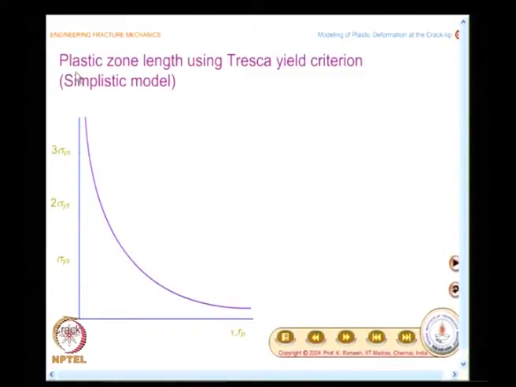and we will first look at how to get the plastic zone length along the crack axis. If you look at when the crack is sharp, both sigma x and sigma y vary like this, and your Tresca yield criterion, because your other stress is 0, directly gives you the value of the individual stresses when yielding takes place.